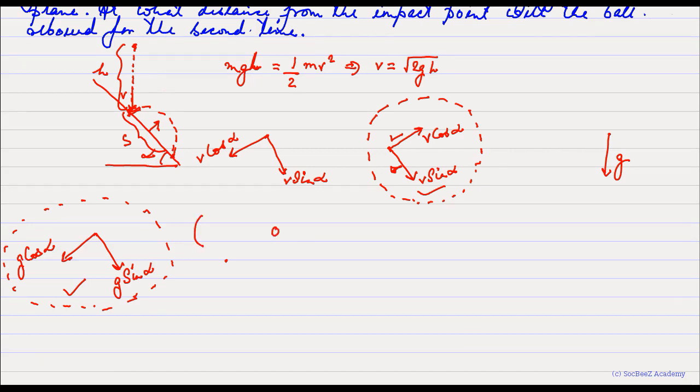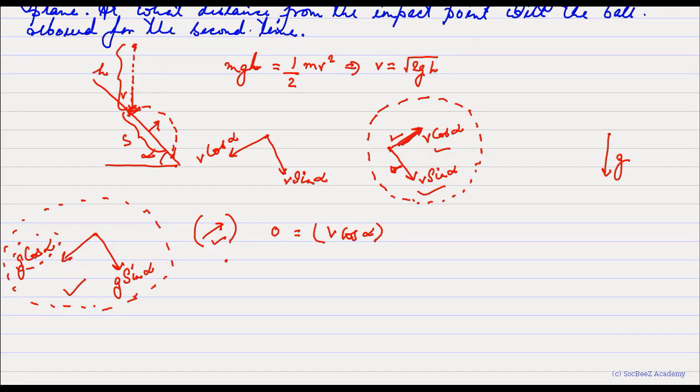If I say that this whole equation is being written taking this as my positive direction, the component of gravity has to be written negative in this direction. So this 0 would be equal to ut plus half at square, right? So u is v cos of alpha, which would be written positive because it is in this direction.